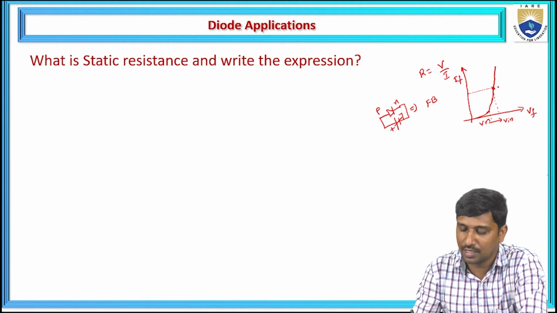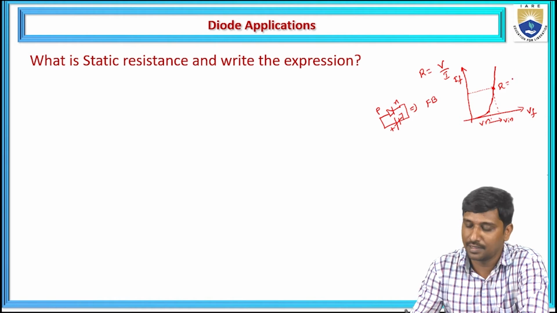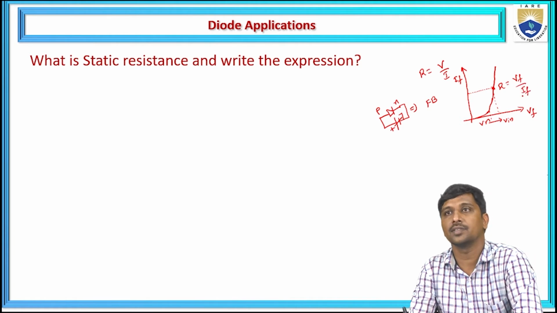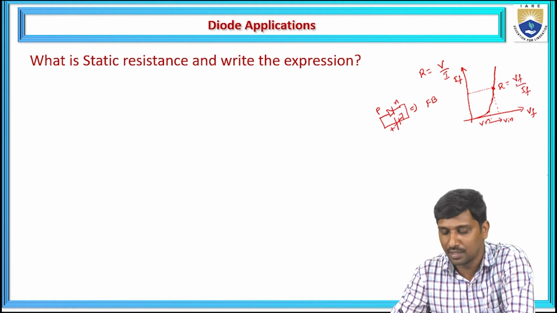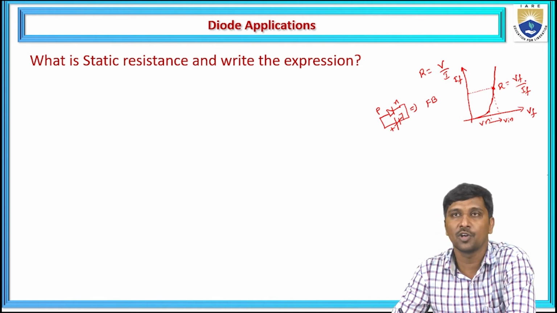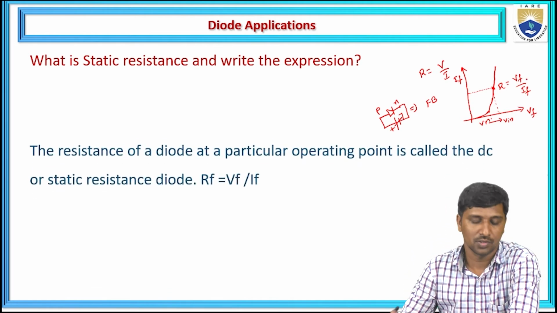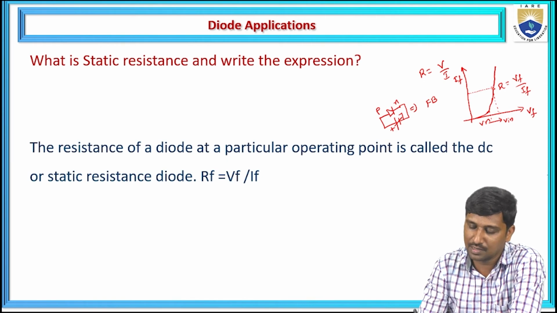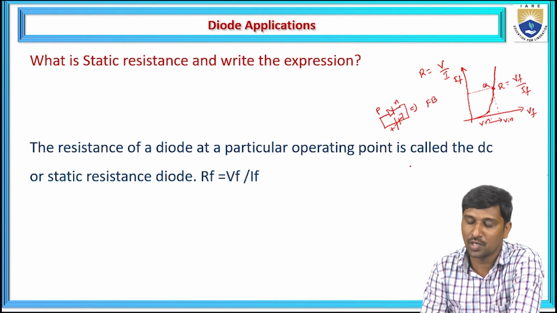This point indicates the static resistance, defined as VF, the ratio of the voltage across the diode to the current across the diode under forward bias, that is, forward bias voltage to forward bias current. So it is the resistance of the diode at a particular operating point, the Q point.